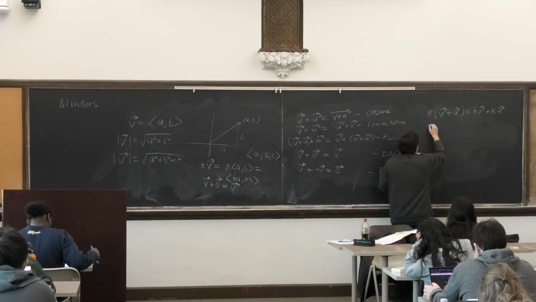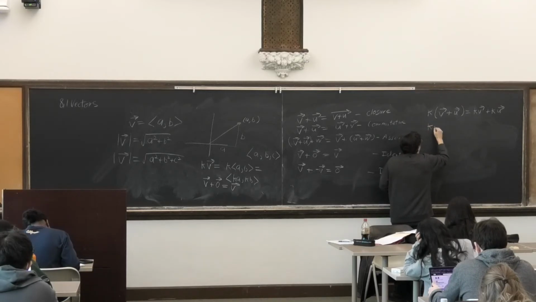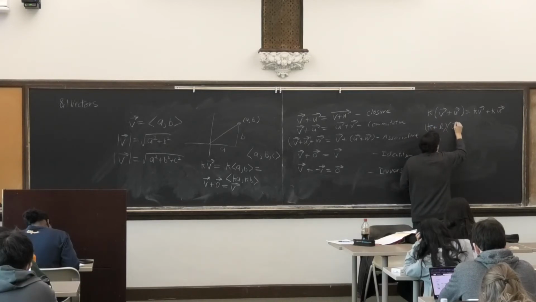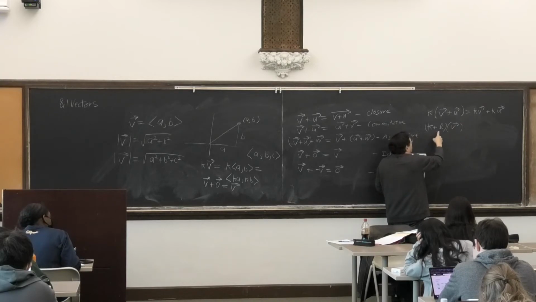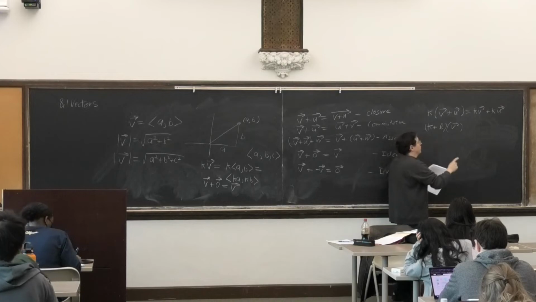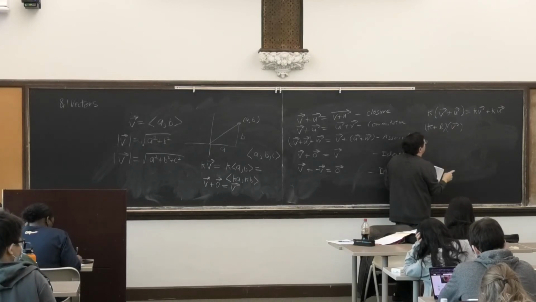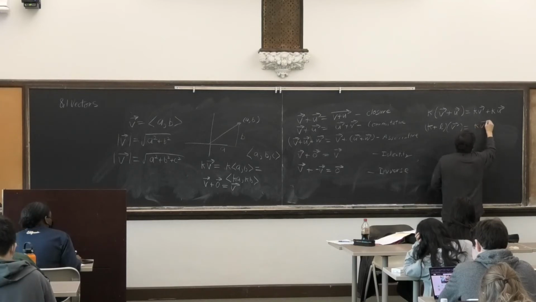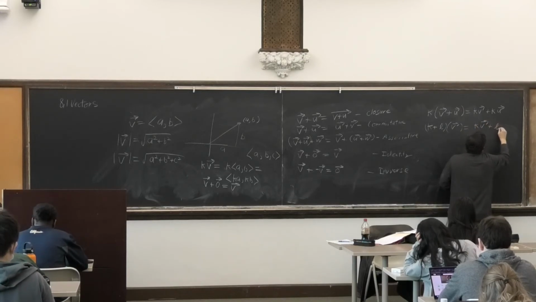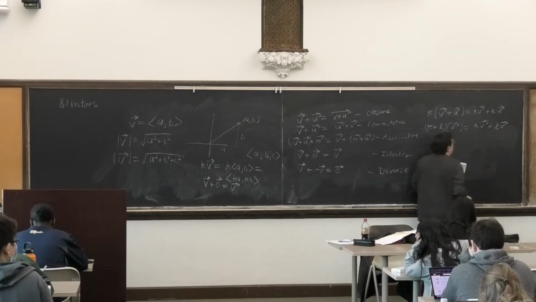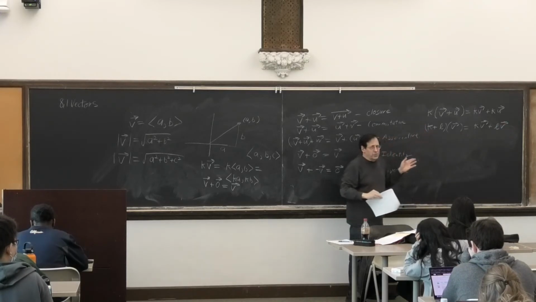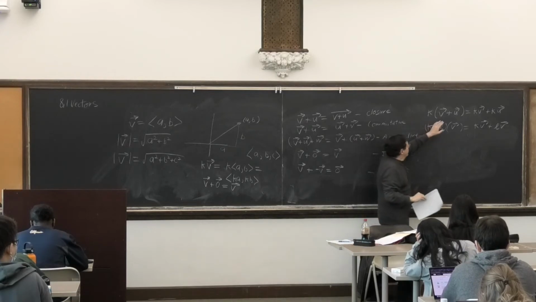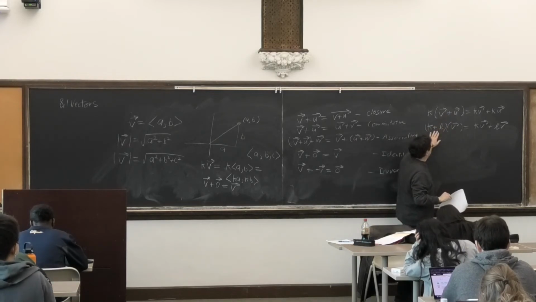Similarly, use k and l. If we have the sum of two numbers that we're multiplying by a vector, that can distribute also. These are both distributive properties, but they're very different. Here I have two vectors. Here I just have two numbers.